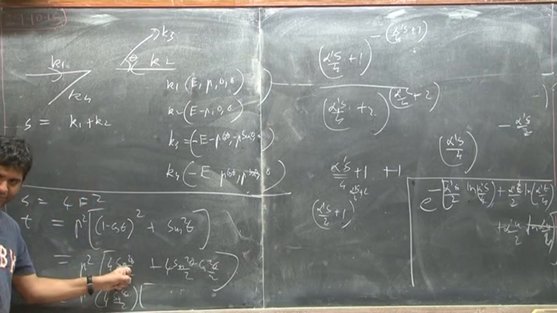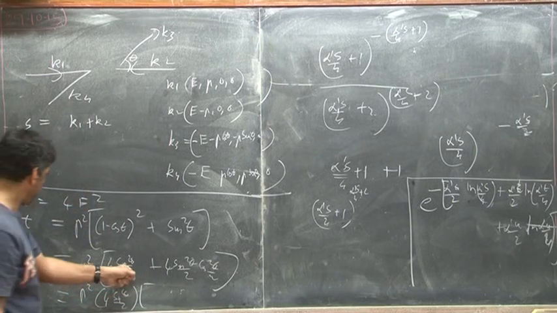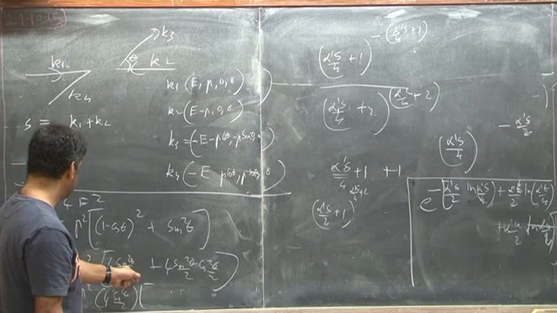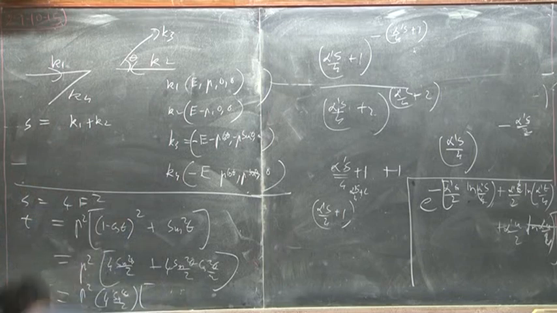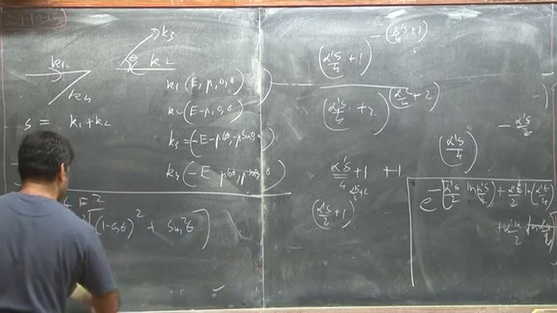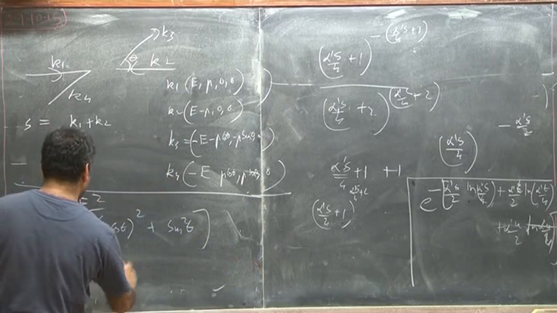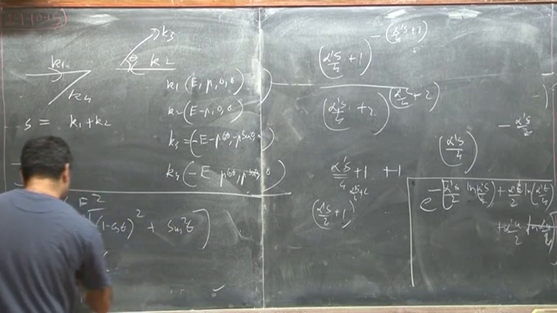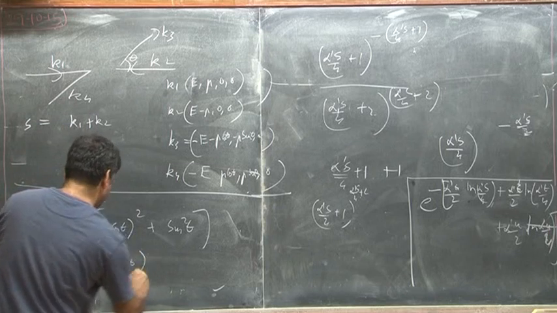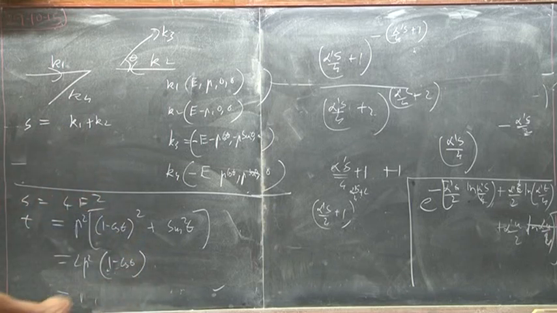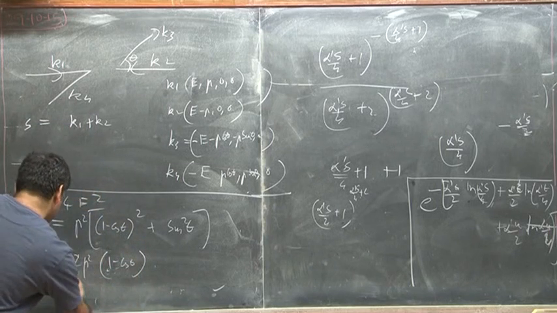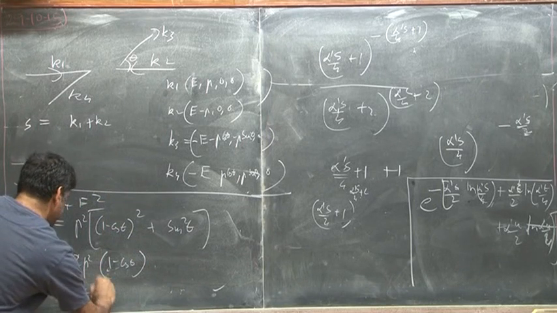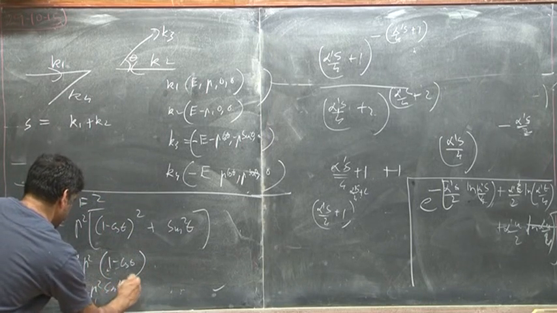Sorry, you want to do something different from this? 1 minus cos theta square plus sin theta square is basically. Oh, yeah, that's what I have. Yeah, thank you. Which is P squared into 1 plus 1, so that's 2 minus, so 2 times 1 minus cos theta. That's what we said, right? Which was equal to 4 P squared sin squared theta by 2.